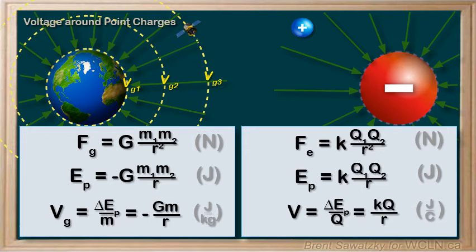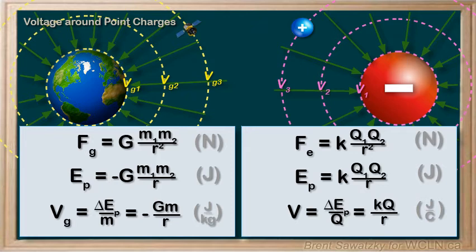If our first line is 1 radius away, then it has an electrical potential or voltage of V1 equals kq over r, and that would be in joules per coulomb or volts. The second, being 2 radii out, V2 equals kq over 2r. The third, kq over 3r, etc.